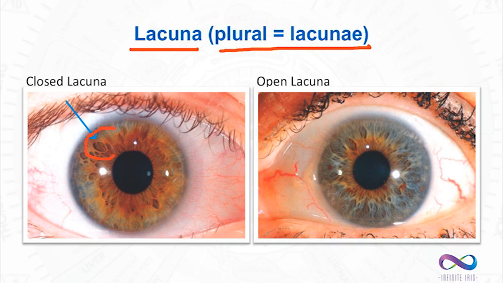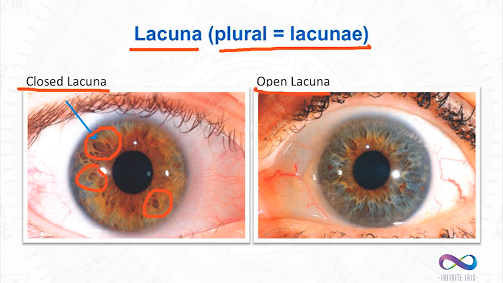So if you look at that lacuna, there's a border all the way around it. Here we have another lacuna with a border around it. All closed lacunae have a border completely around them. So closed lacunae are openings in the fabric of the iris with a border completely around them.